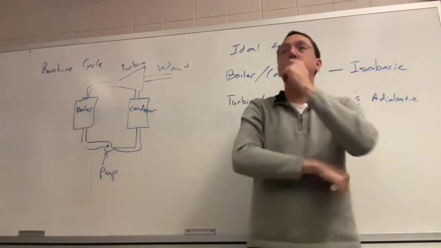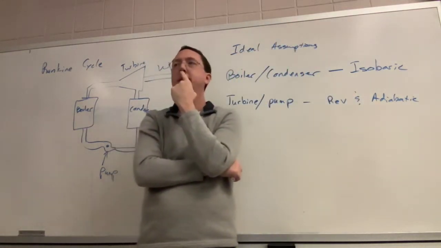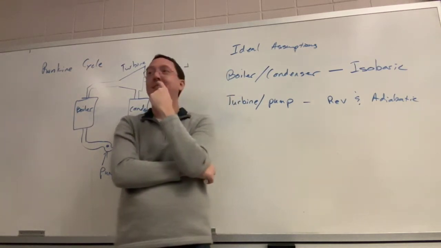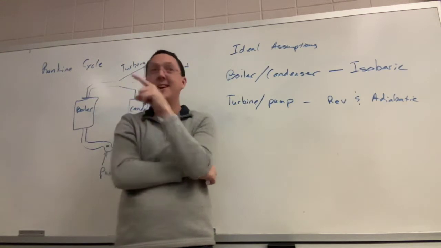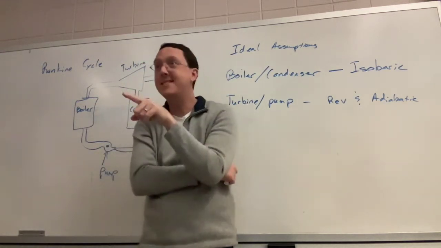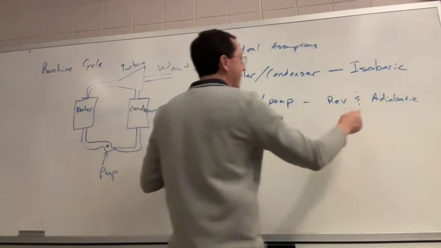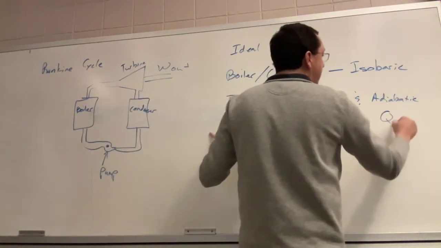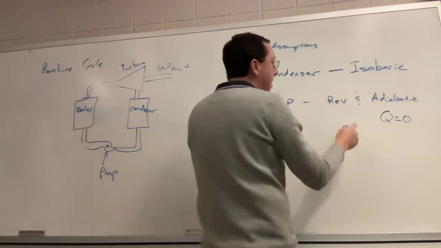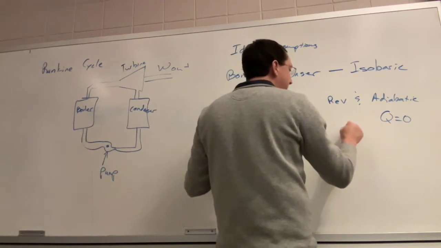Does anyone remember, what does adiabatic mean? Wow. So some of us have learned what that means. Do we all know that? Awesome. All right. This means the heat is zero. Putting those together, that implies that the entropy is constant.